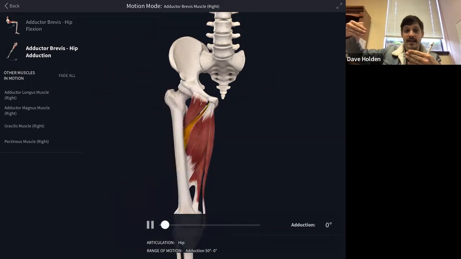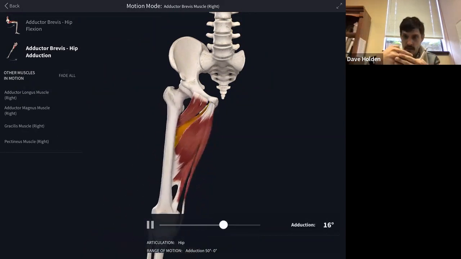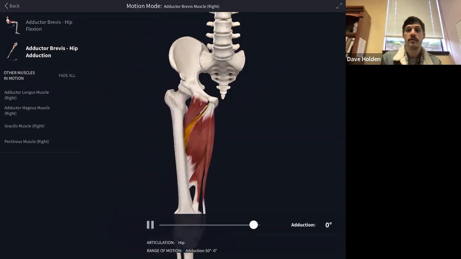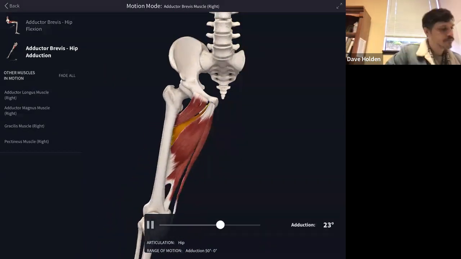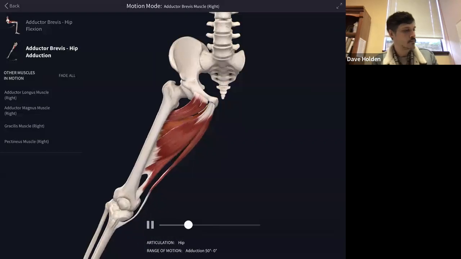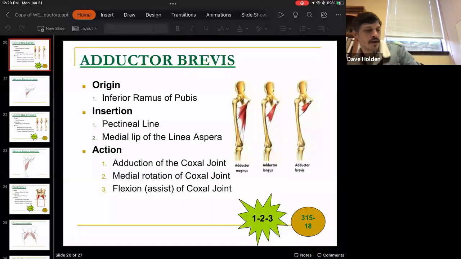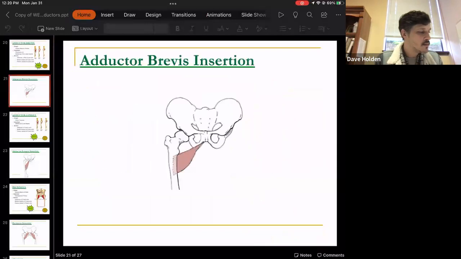Once the muscle is lengthened, then it shortens and brings the leg back into adduction. All right, so adductor brevis is the short one. We can see there's where it's sitting.